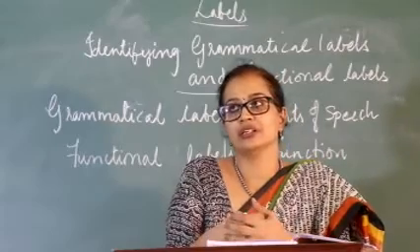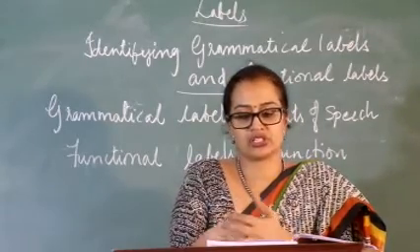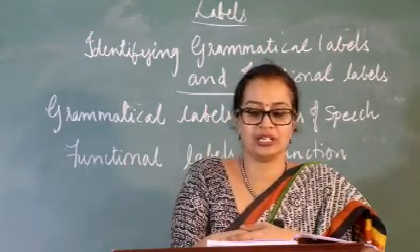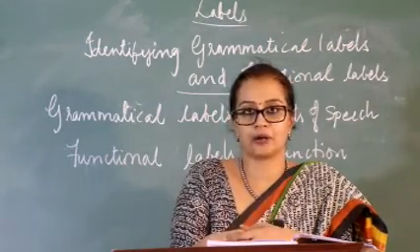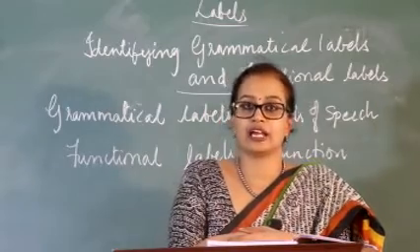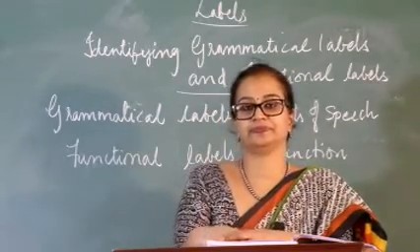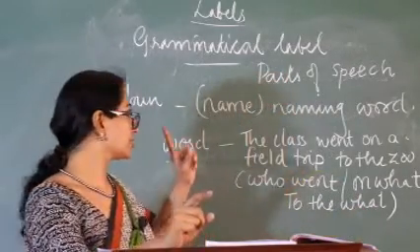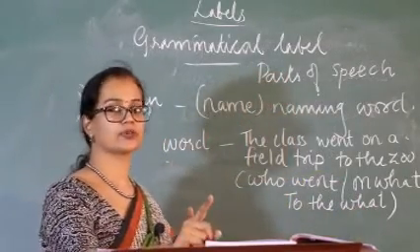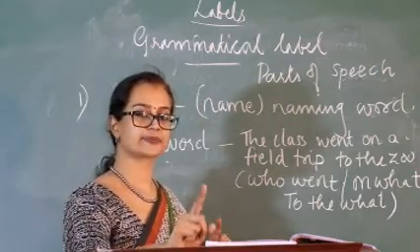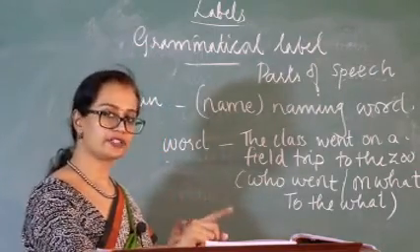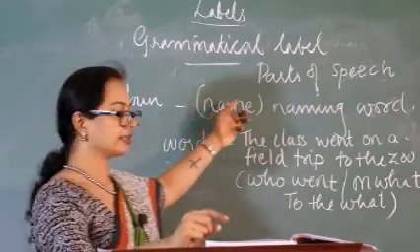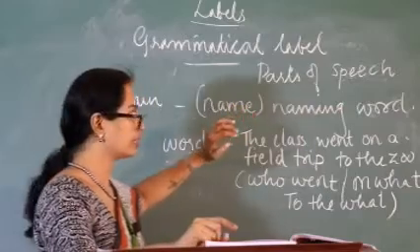In traditional grammar, this term is referred to as parts of speech, like you have nouns, pronouns, adjectives, adverbs, etc. So we shall start with grammatical labels, and then we shall move on to functional labels. I shall explain what functional labels are after completing grammatical labels. Grammatical labels are traditionally called parts of speech.